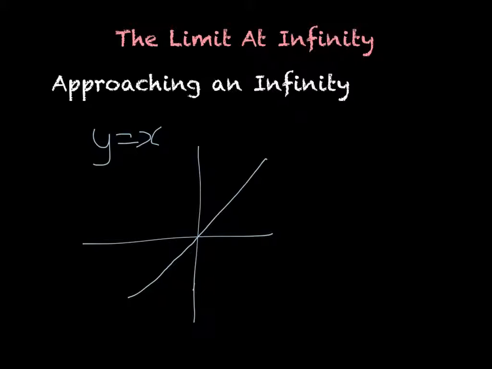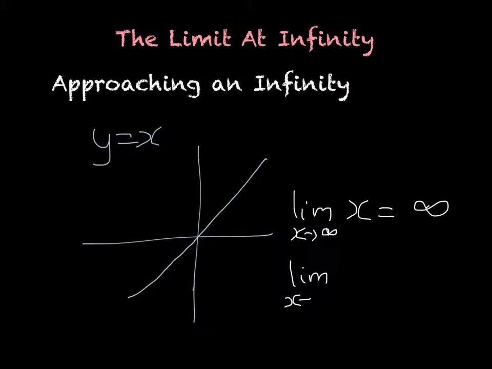So here we would just have the limit as x approaches infinity of our function equals infinity. Likewise, the limit as x approaches negative infinity of our function equals negative infinity.